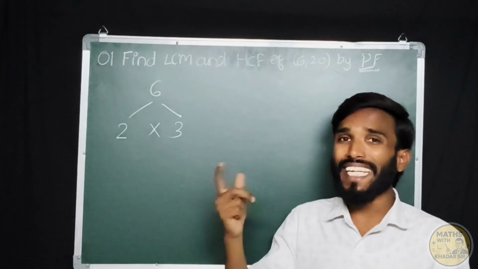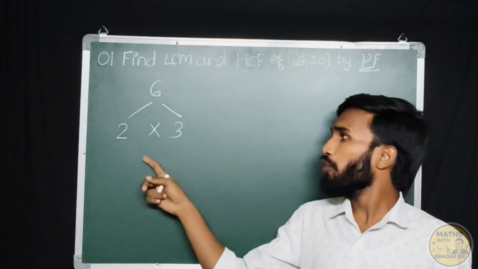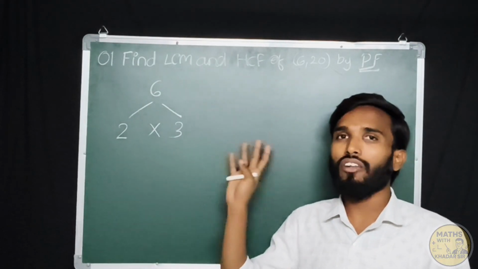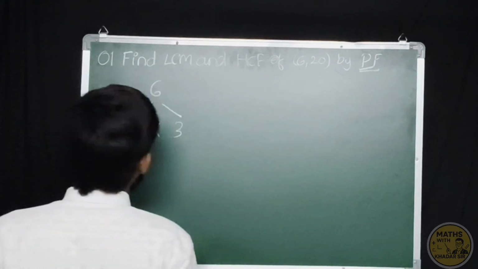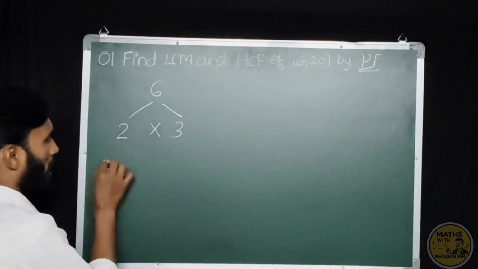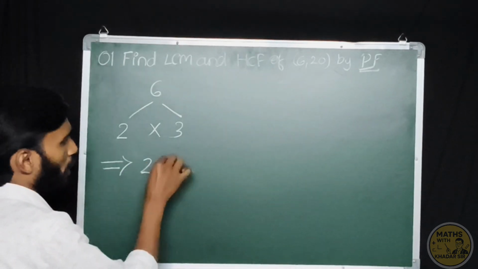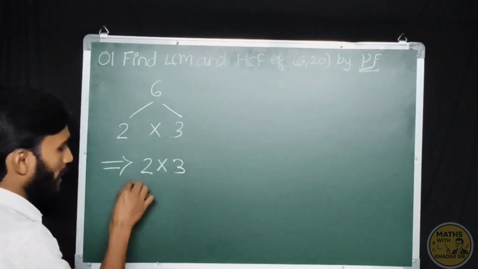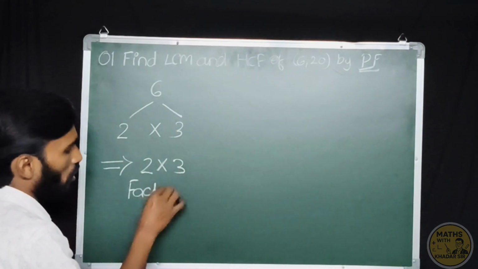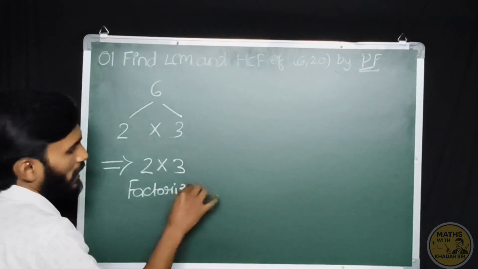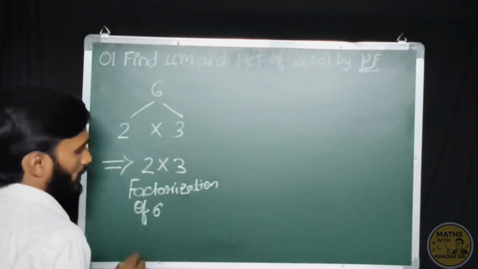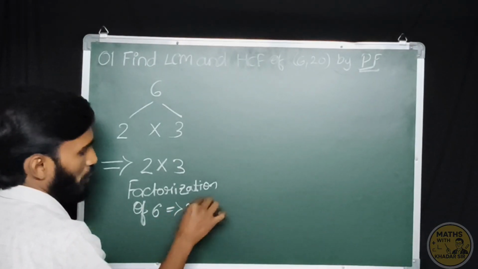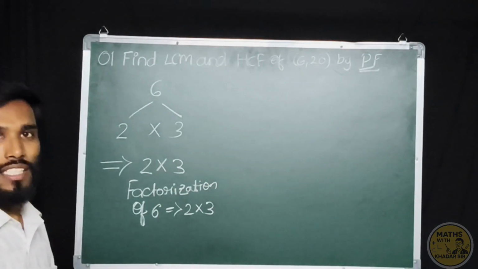So we should not write another step, like 2 into 1, 1 into 2, 3, 1 into 3, not like that. We should stop here and write the factors. What are the factors? Nothing but 2 into 3. This is called the prime factorization of 6: 2 into 3. This is one part.